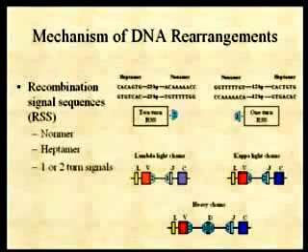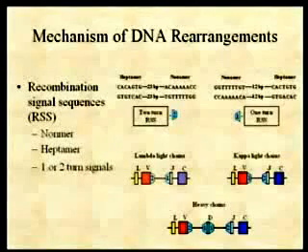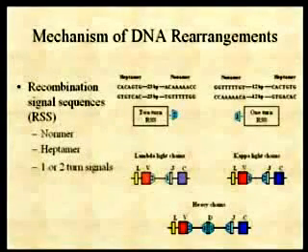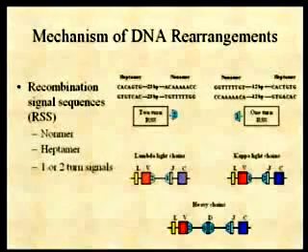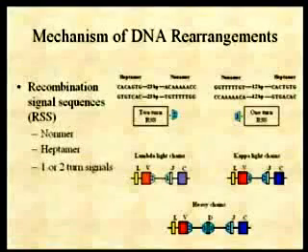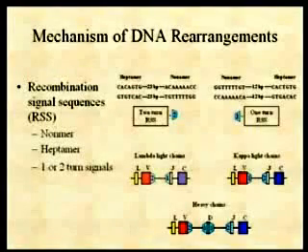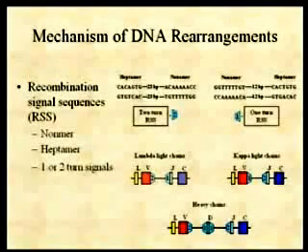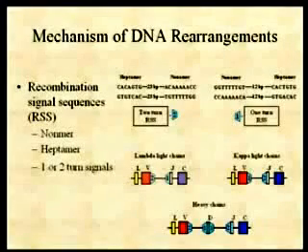Now, in this recombination event, there's only recombination between a one-turn signal and a two-turn signal. So the recombination only occurs between a one-turn signal and a two-turn signal. Now, if you look at the light chains, and if you look at the way the genes are organized and where these signals are located, in the intron immediately after the V gene, in the case of the lambda light chains, and immediately upstream of the J gene segment.